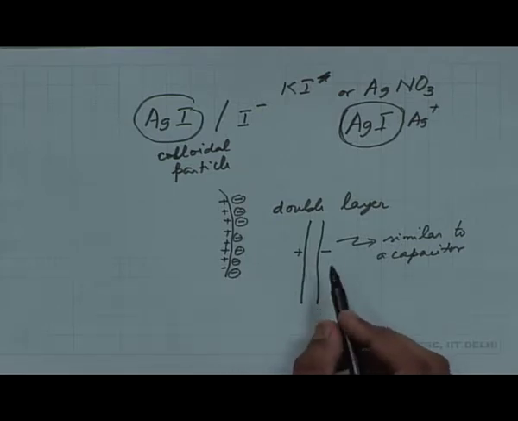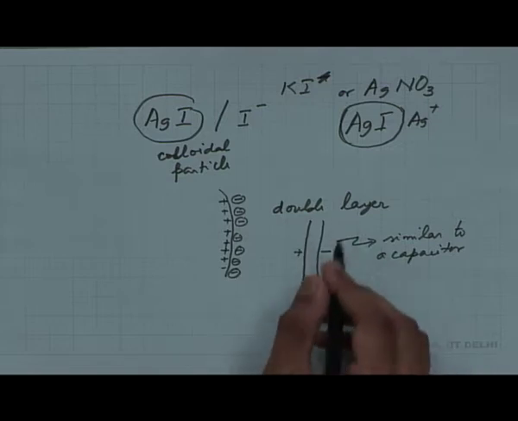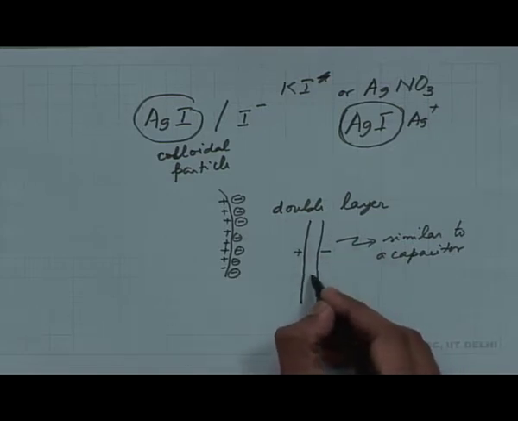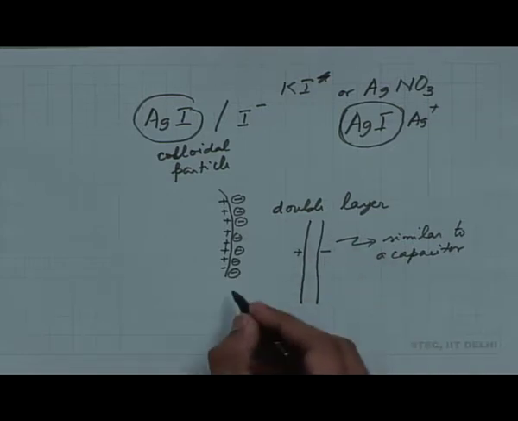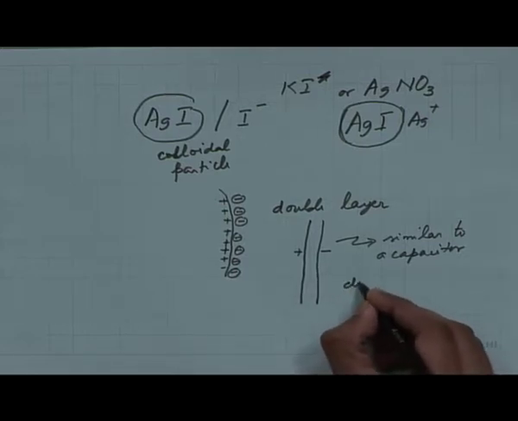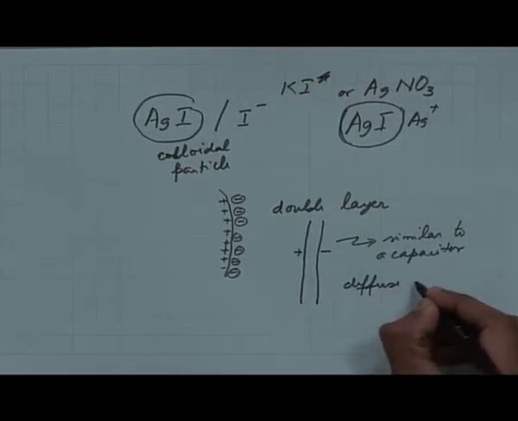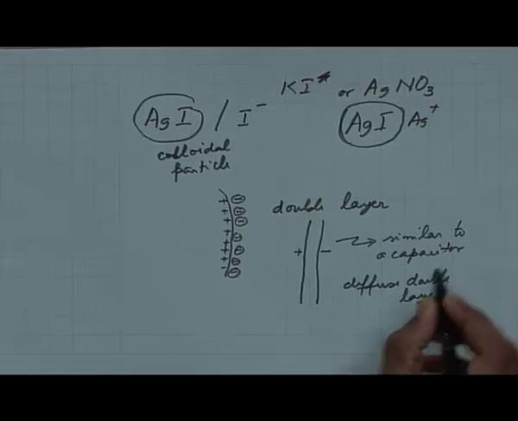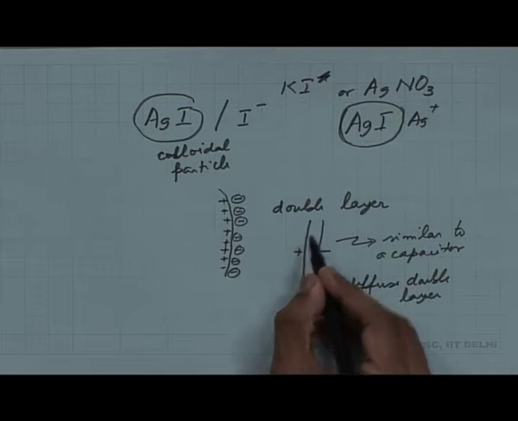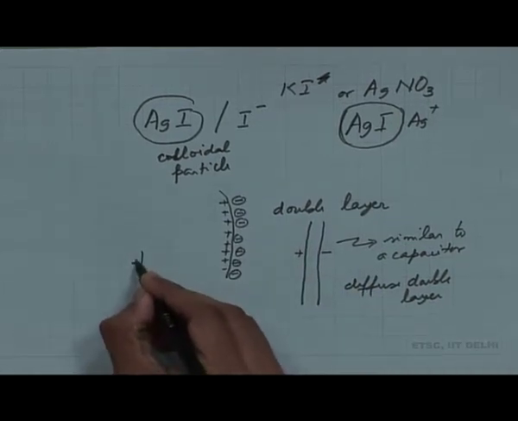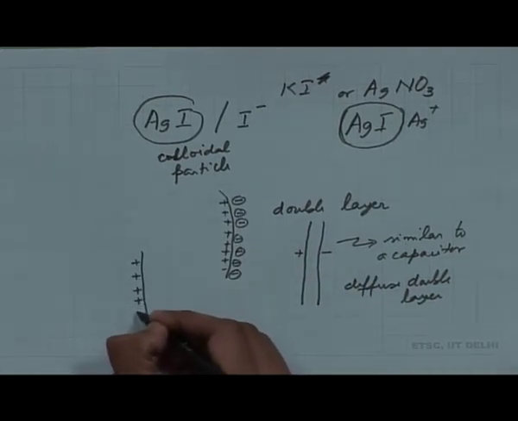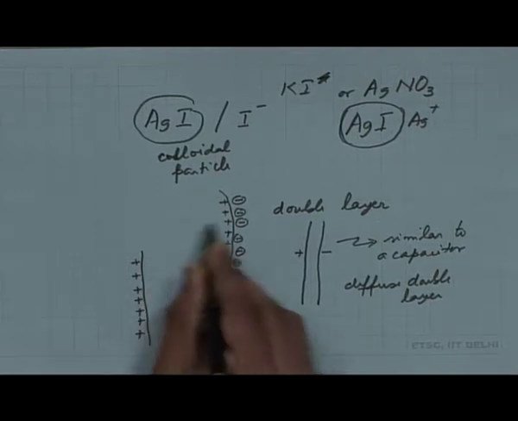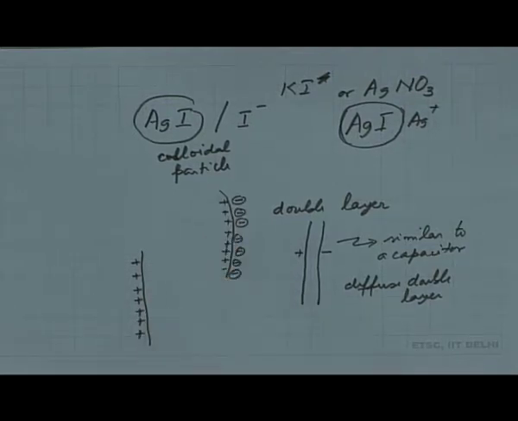But nowadays it is appreciated that you do not have these things which are fixed. So, you will have what is called a diffused double layer. And it is not hard to understand what this diffused double layer is. If you have some positive charge like this, and that is fixed because that is fixed by the particles.